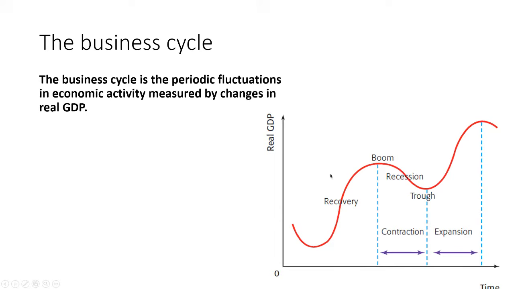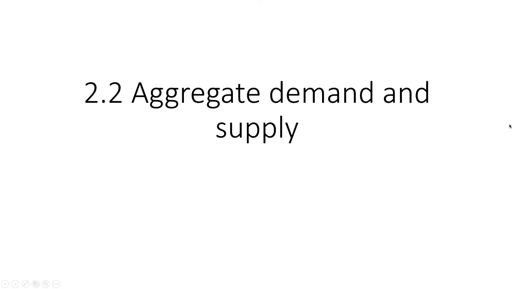As you can see here, there are different parts of the cycle. You have a recovery when you have just been at the trough, where the economy was at its lowest, and then you have a boom when it's at the top, and this falls down to a recession when the economic activity is low. But the overall trend line is a linear increase.